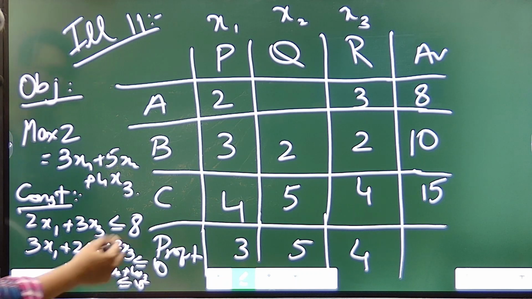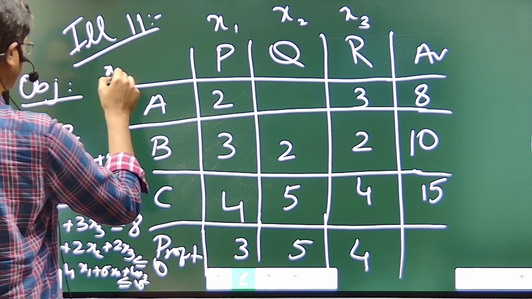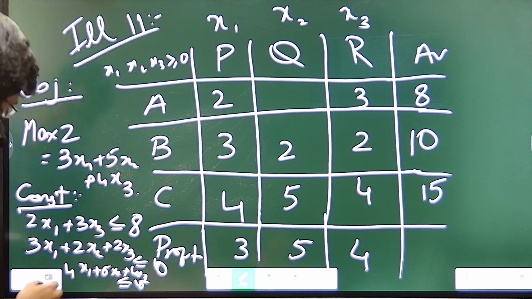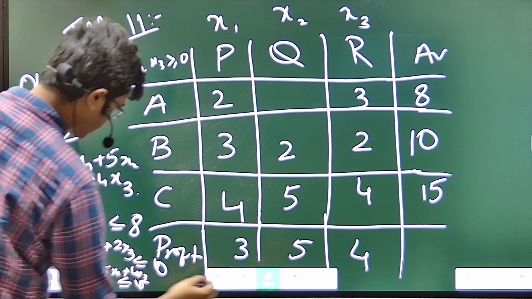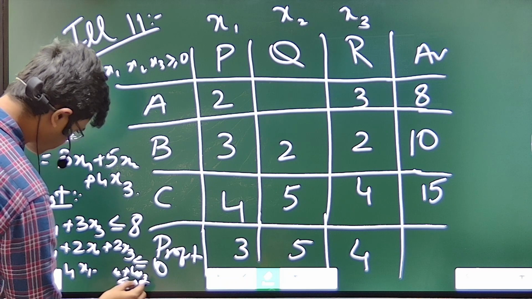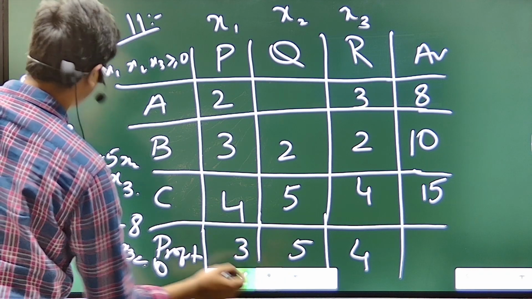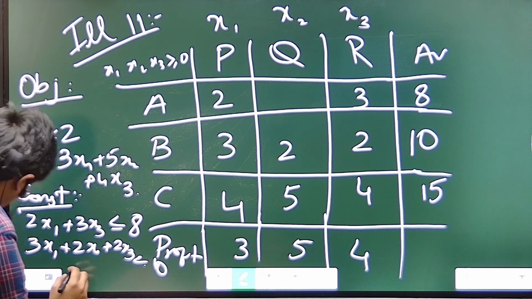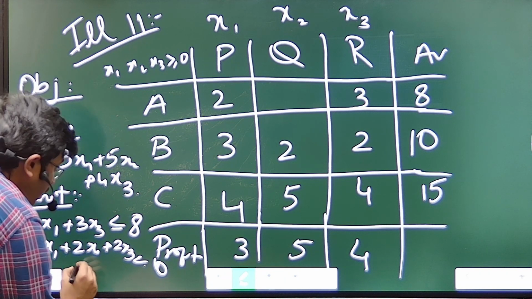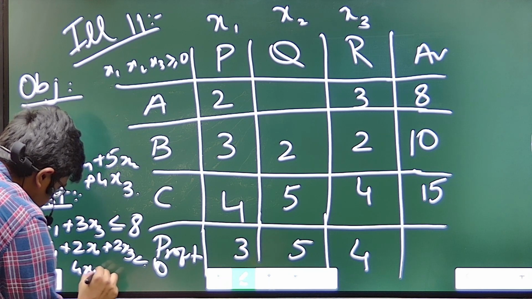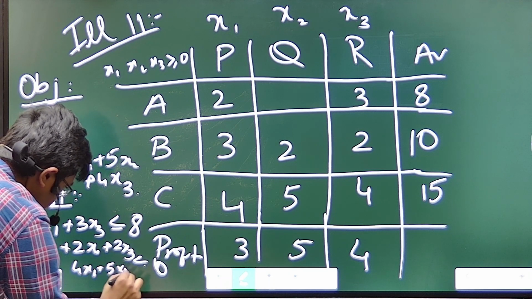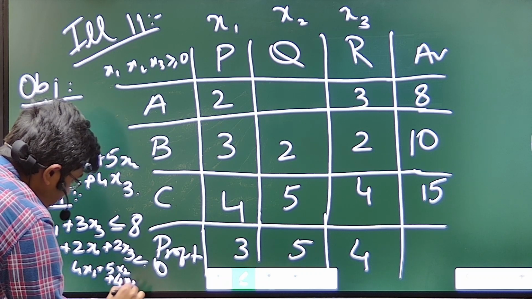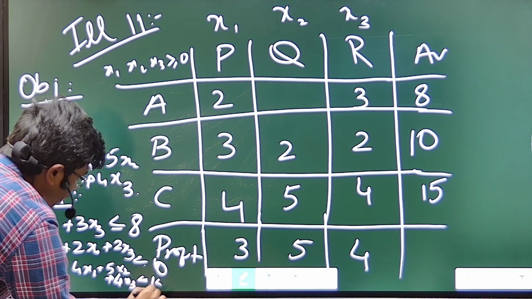You'll also have x1, x2, x3 greater than or equal to 0. Let me write this function at the top: 4x1 plus 5x2 plus 4x3 less than or equal to 15.